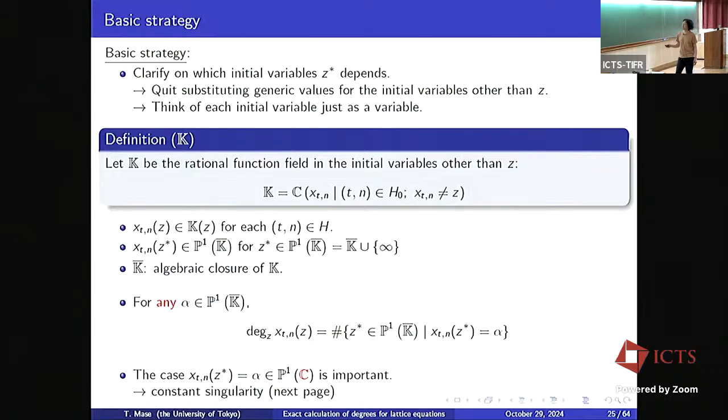This is a very big field. But if we substitute Z star for Z, then xtnz belongs to P1 K bar.